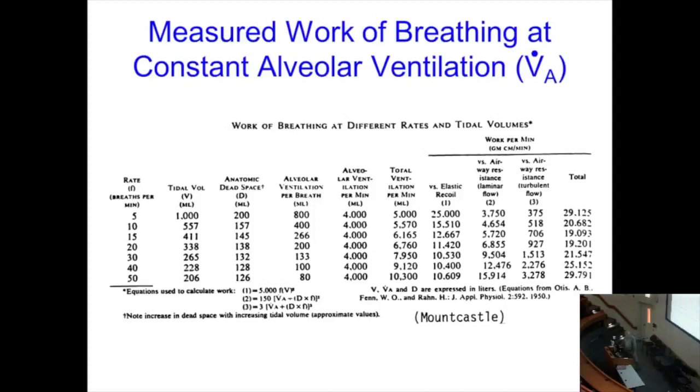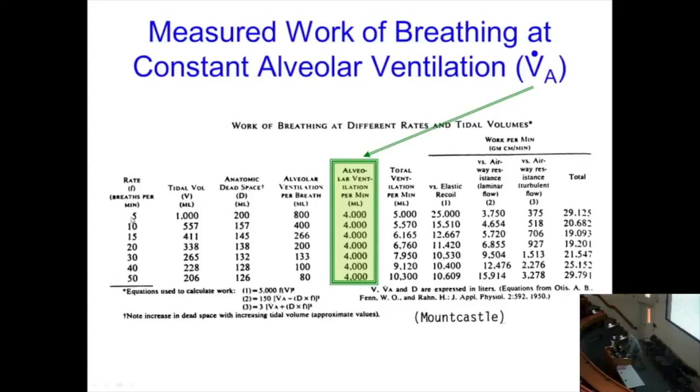This table is a little bit like the one that we looked at before. We have the rate of breathing and the tidal volume, so we're looking at different breathing patterns. But now instead of keeping the total minute ventilation constant, we're keeping the alveolar ventilation rate constant. The alveolar ventilation is the effective part, and so we're saying, if your body needs 4 liters of alveolar ventilation per minute for metabolism, how are we going to accomplish this?